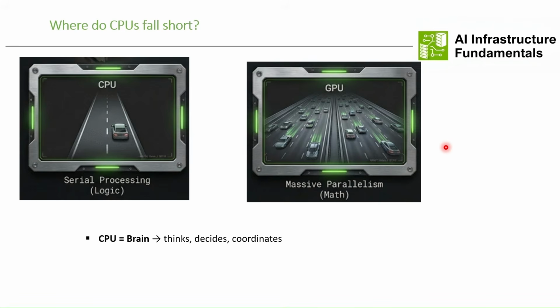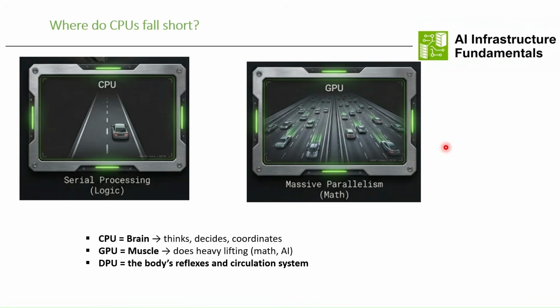Think of the CPU as the brain. It thinks, decides, and coordinates. And the GPU is the muscle. It does heavy lifting like math and AI. And then the DPU is like the body's reflexes and circulation system. I'll talk about DPUs in a bit. Hope you are able to follow the difference between CPUs and GPUs so far.